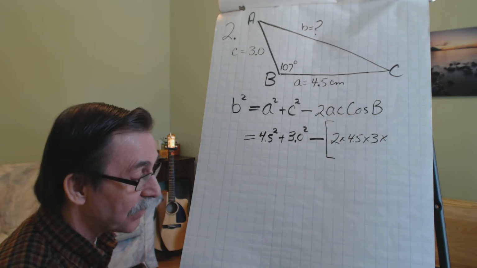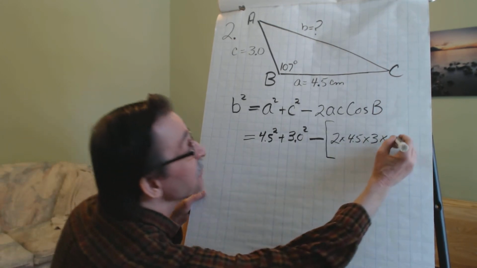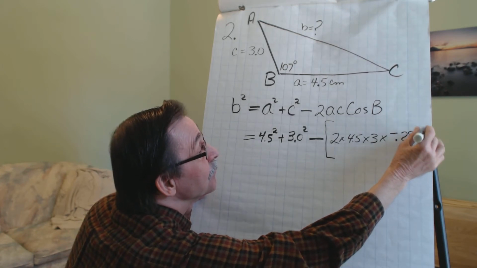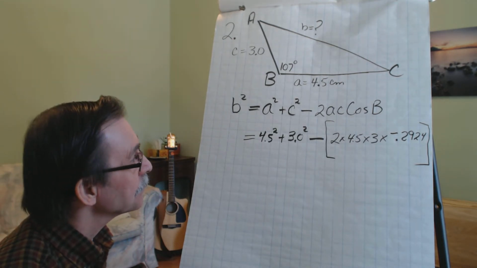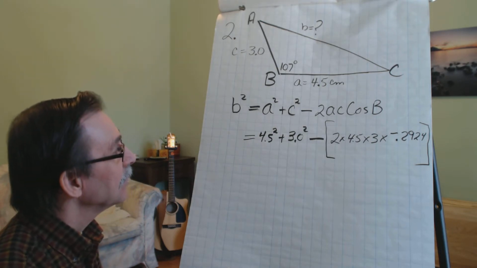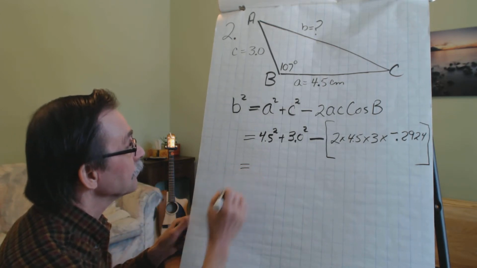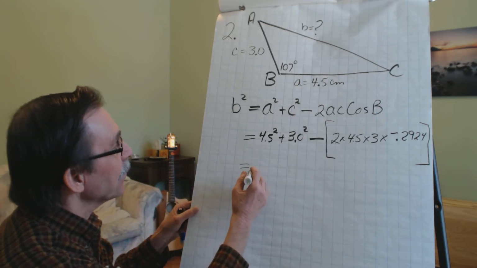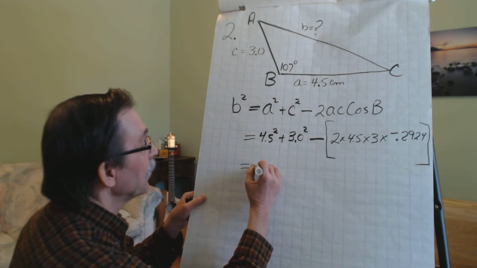So negative 0.2924 I'm going to call it. Okay, I'll just wait for a second until you get that down. So here we go. 4.5 squared is 20.25, I think. Yeah, how about that?